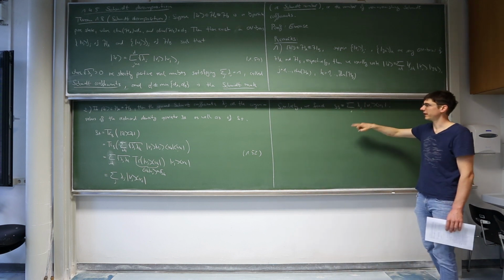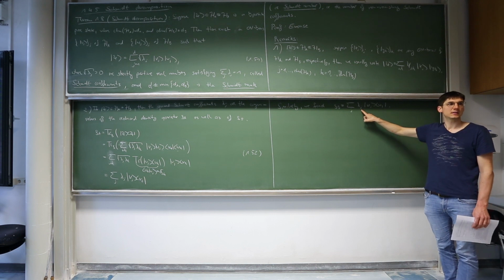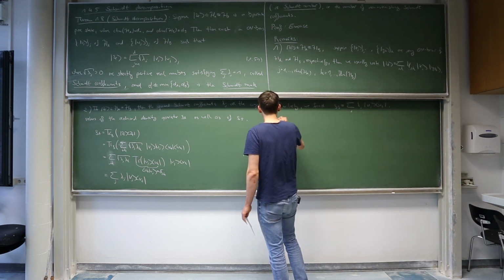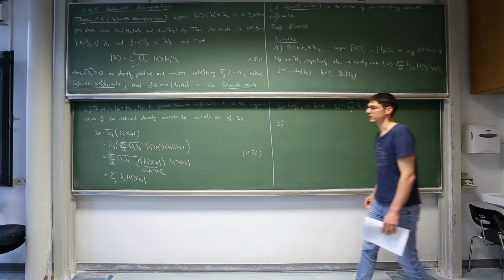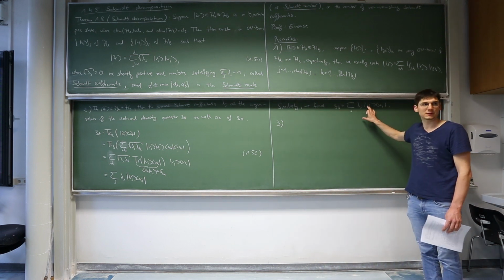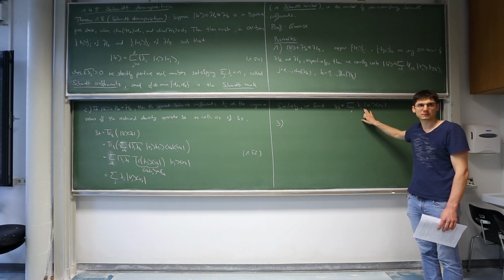Okay, so rho A and rho B have the same set of eigenvalues, and these eigenvalues are the squared Schmidt coefficients. And this is now interesting to see. We will come back to this observation in a second.